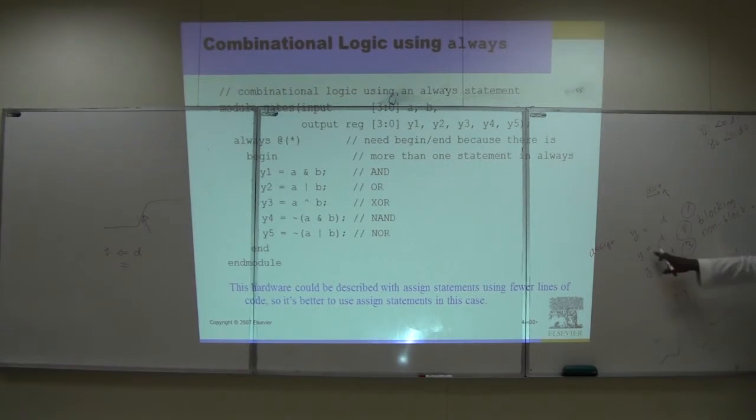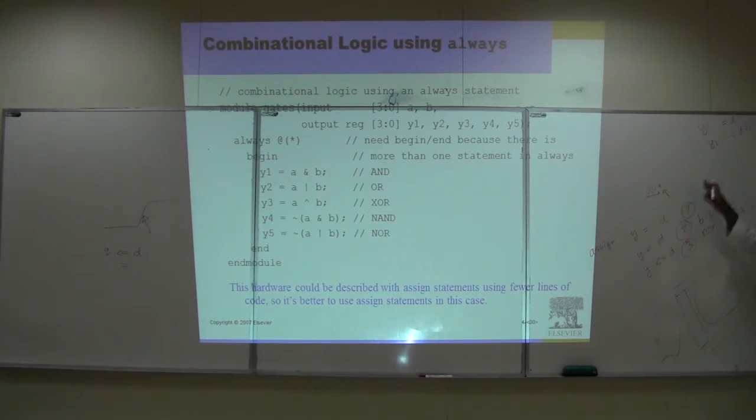Blocking means first y1 will get its value, then after that y2 will get its value. y1 will block y2. y1 finishes, go. y2 finishes, go.